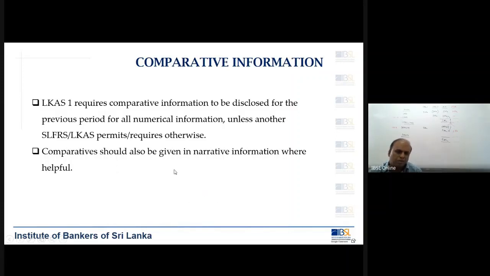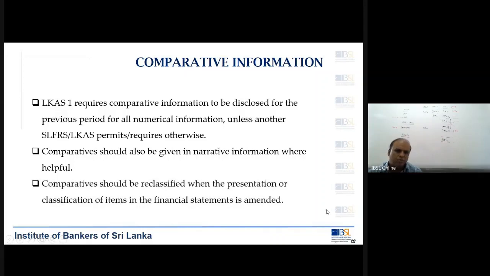Comparatives should also be given in narrative information where helpful. So if somebody finds it difficult to understand what has been given there, you have to give it in narrative form also. Comparatives should be reclassified when the presentation or classification of items in the financial statement is amended. So if you do reclassifications of your items in the balance sheet or the P&L, accordingly, the comparatives also should be done.